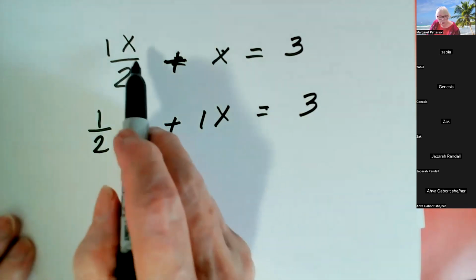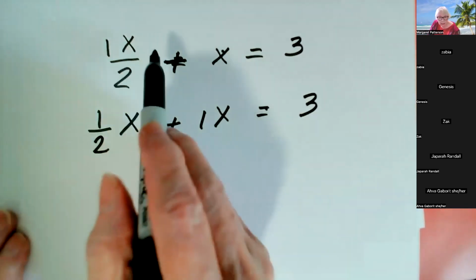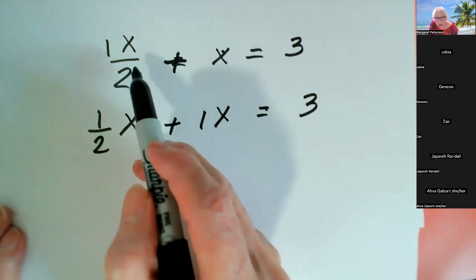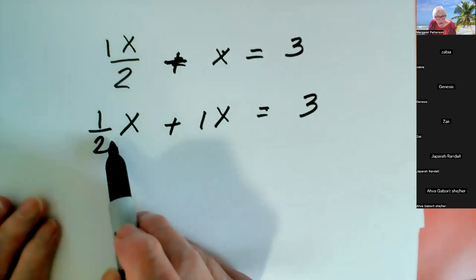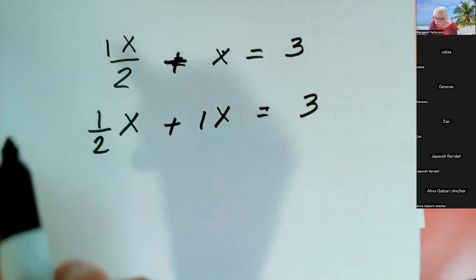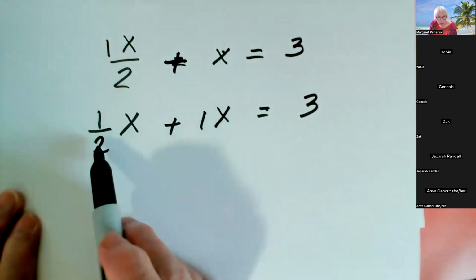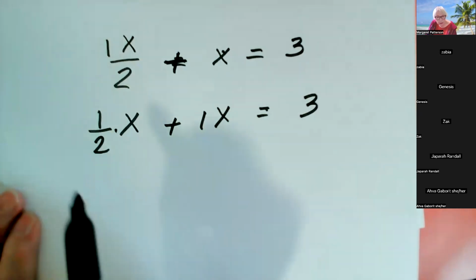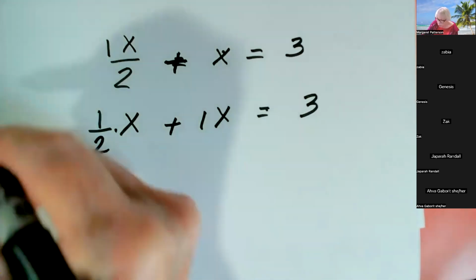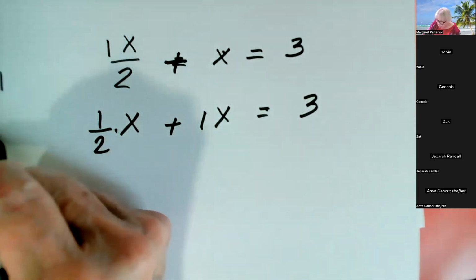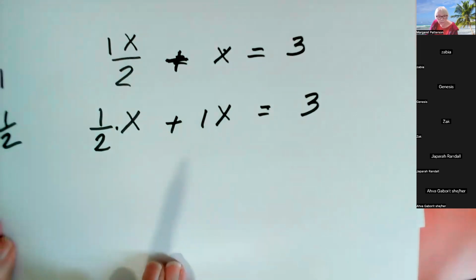I think if you rewrote it, these were like terms, but with a fraction, people are upset. When you take a number and divide by 2, it's like multiplying by 1/2. So you have half of it, and then you have a whole of it. And so what is 1 plus 1/2? 1.5.